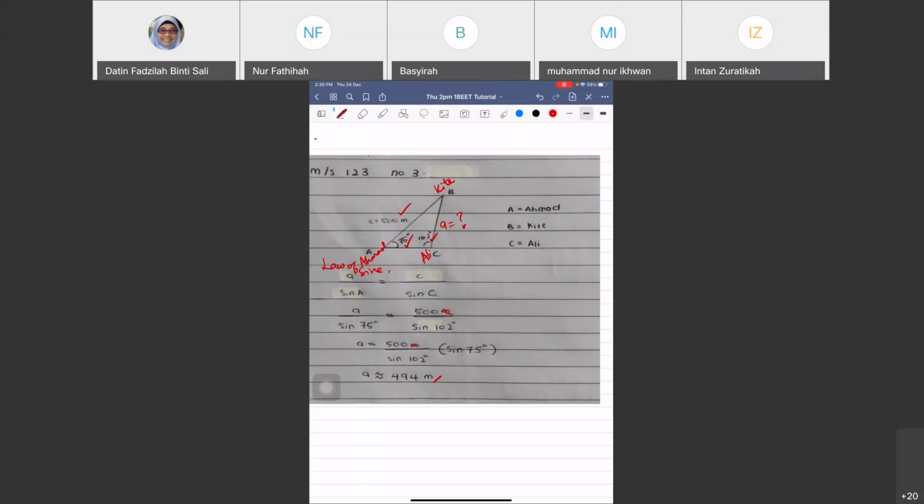The last answer, then only you put your unit. When you substitute into the equation, no need to put the unit, just put in the value only. So I suppose this one is correct. When you compute this correctly, the answer is 494 meters.